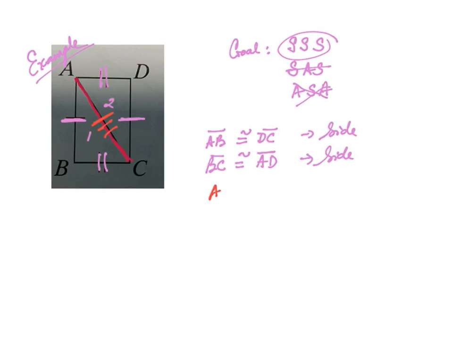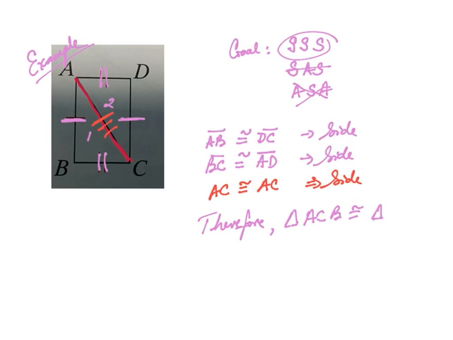You're going to say AC is congruent to AC. Here's another side. And then you're going to say, therefore, the two triangles are congruent. Triangle ACB is congruent to triangle ACD based on side, side, side. Okay, let's try working on your homework.